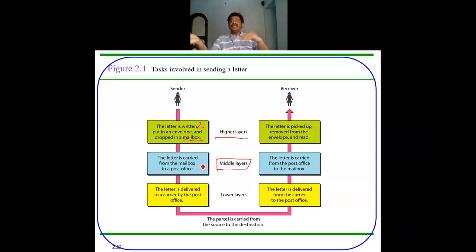In data networking, we are utilizing this particular concept. I think we will stop today. We'll continue the same discussion of translation of the data and the layered architecture for the data networks.